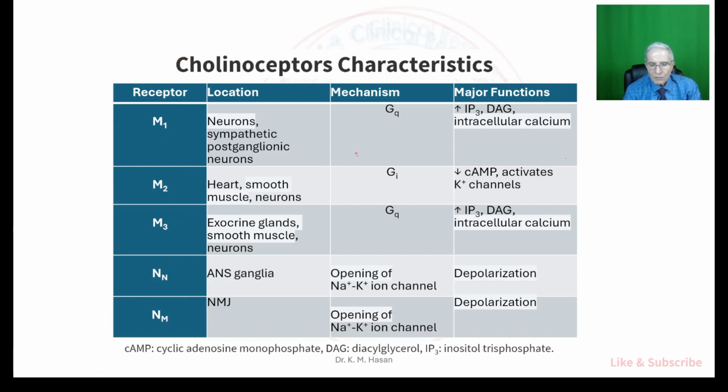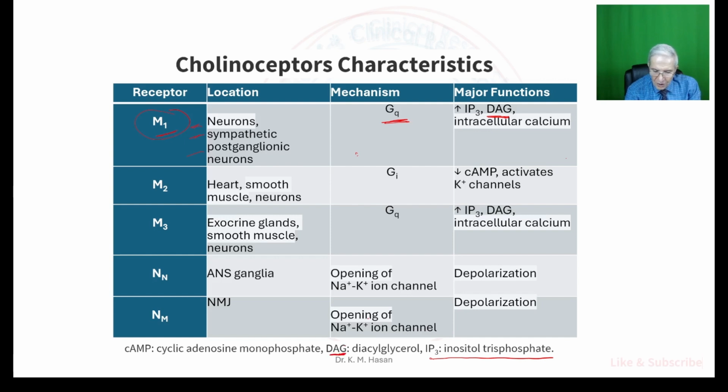Speaking about muscarinic receptor 1, it is available in the neurons, in the sympathetic system postganglionic neurons, and this type of receptor, the muscarinic M1 receptor, activates Gq protein. This will increase the level of IP3, inositol triphosphate, and it will increase DAG, diacylglycerol.